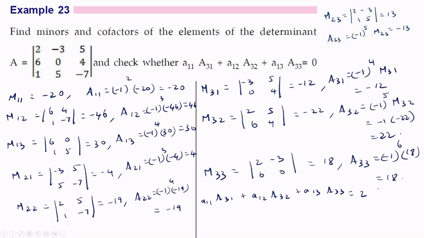So A31 is minus 12, plus A12 is minus 3 into A32 is 22, plus A13 is 5 into A33 is 18. So this is equal to minus 24 minus 66 plus 90. So this is minus 90 plus 90, which is 0. So the value of this is equal to 0.